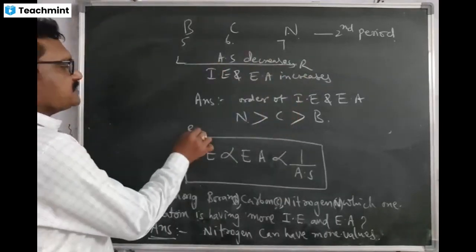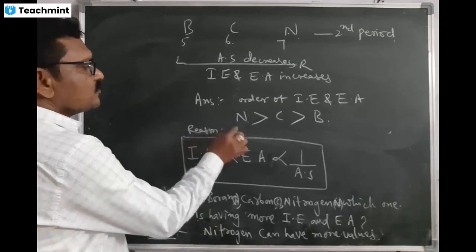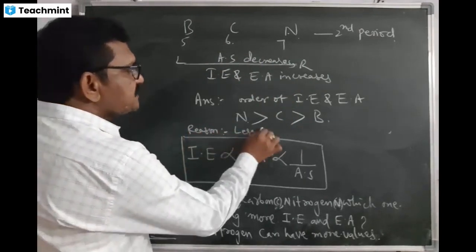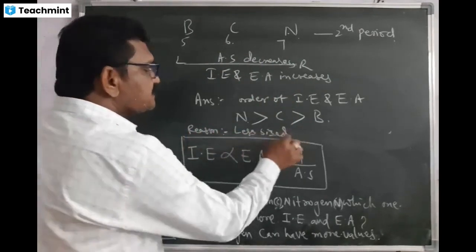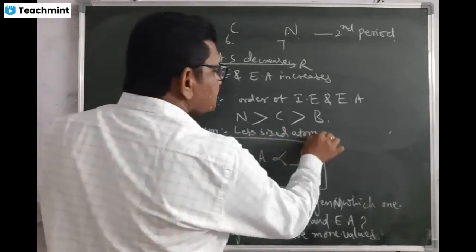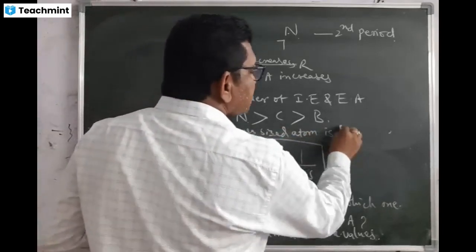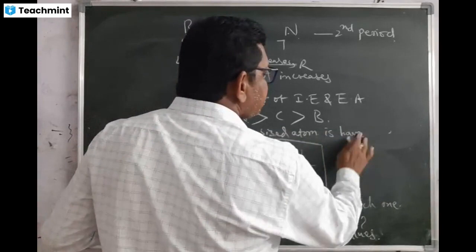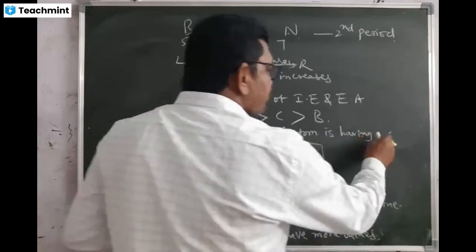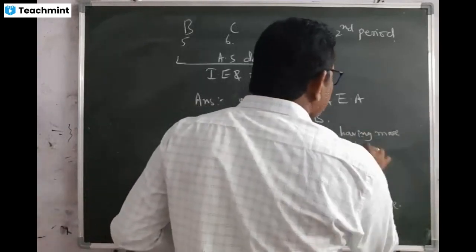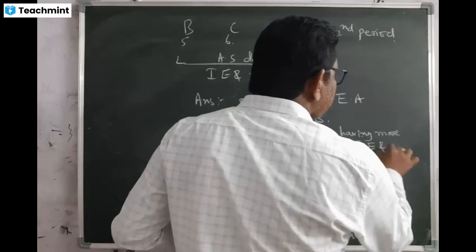So here the reason: a less sized atom is having more IE and EA.